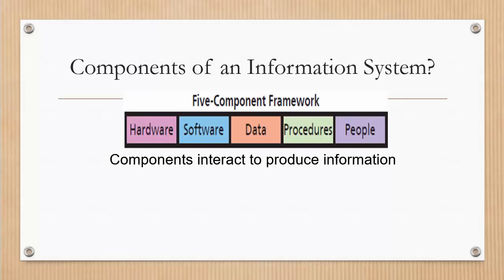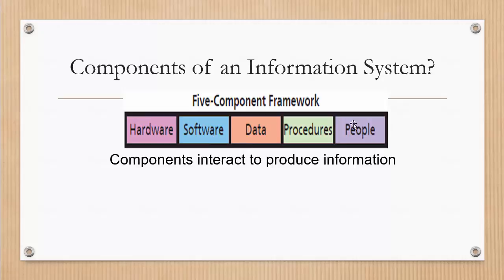So here are the 5 components of an information system. We're going to think about the hardware, the software, and then we're going to have data. That's typically your IT component. And then we're going to have procedures and people. That's your information components. But all of these together make up the entire system. We used to have MIS programs that dealt with hardware and software, very technical.